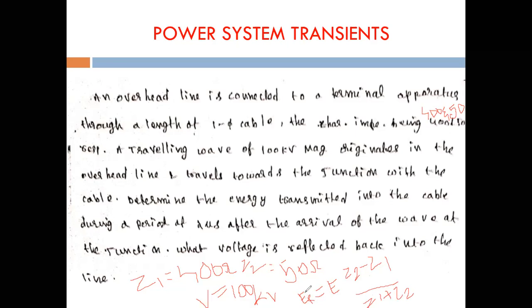This is the reflected voltage, where Z2 is equal to 50 ohms and Z1 is equal to 400 ohms.